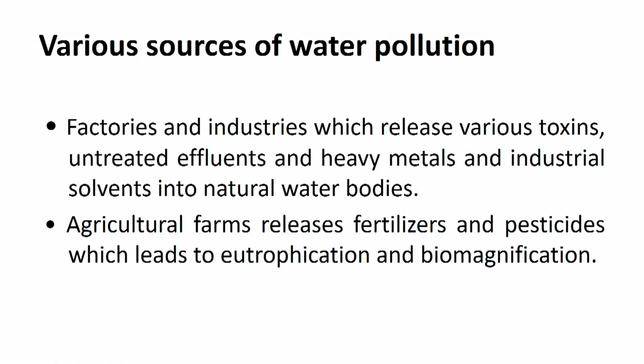Now we talk about the various sources of water pollution. There are so many sources: factories and industries, agriculture, mining. Factories and industries release various toxins, untreated effluents, heavy metals and industrial solvents into natural water bodies. Farms release various fertilizers and pesticides which are not utilized, which leads to eutrophication and biomagnification.